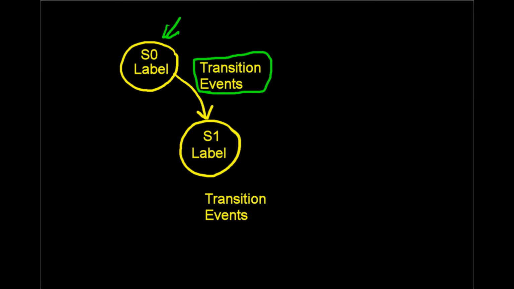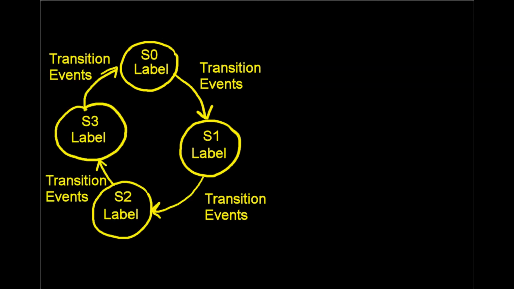Now if we add in a little bit to this, we can see the rest of a state diagram here. Typically they will follow a pattern around in a circle. They don't have to go always back to the first one. We could have a dynamic change from any of these states, say state 3 over to state 1, based on a set of events.